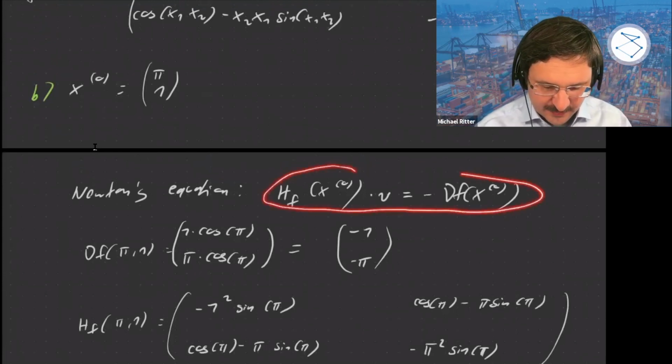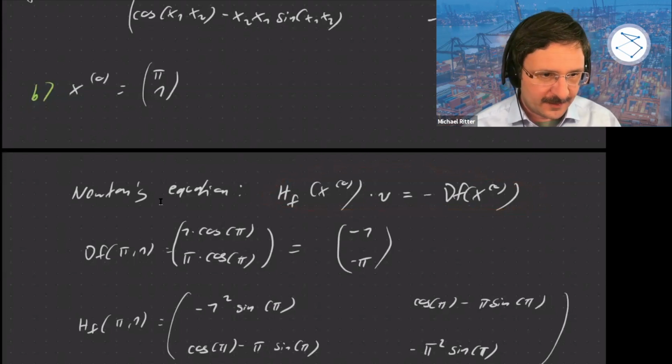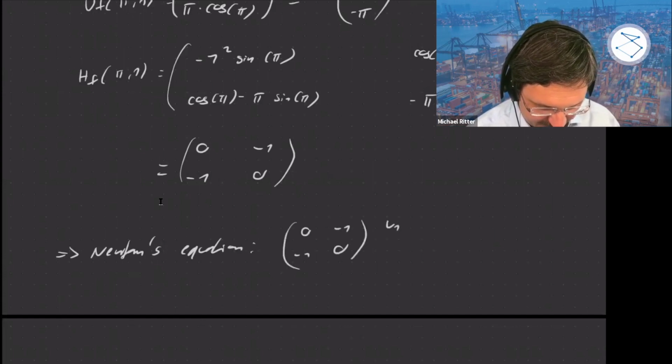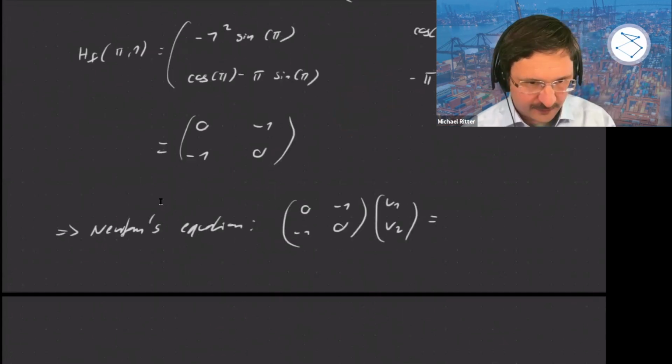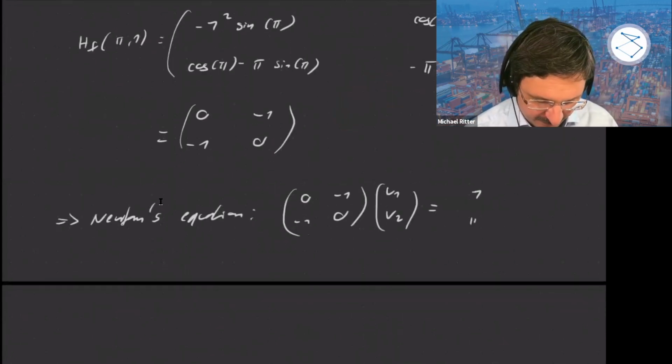Hessian times v equals the negative gradient. So what we need to do is we have this Hessian here, 0, -1, -1, 0 times v1, v2 equals the negative gradient, and the gradient is -1, minus pi. So the negative gradient is just 1, pi.